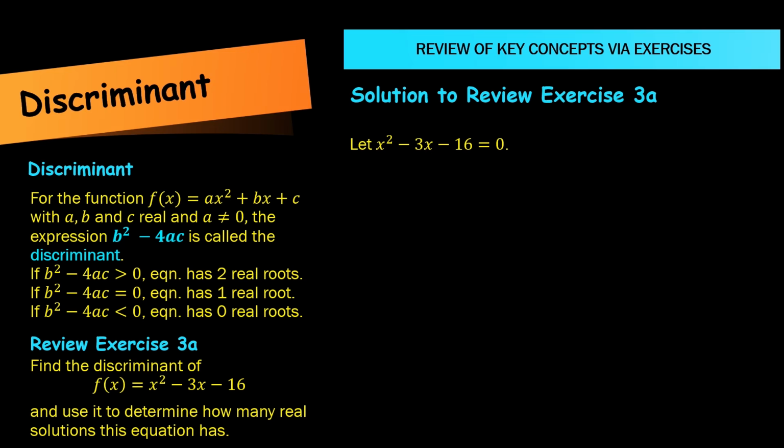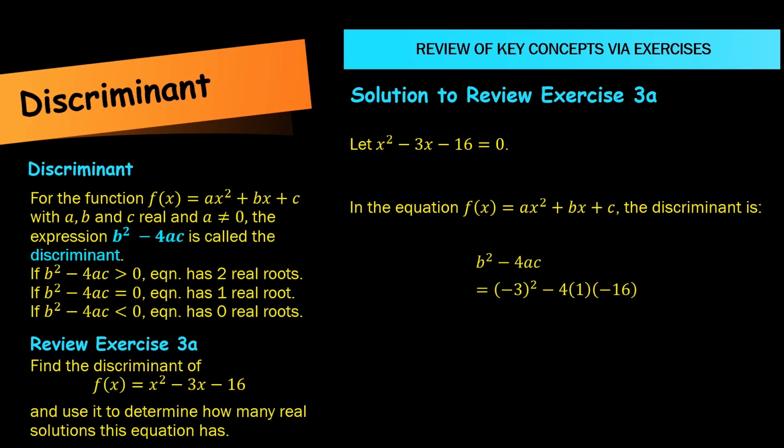In the equation f of x equals ax squared plus bx plus c, the discriminant is b squared minus 4ac, which in our example is (-3) squared minus 4 times 1 times -16, as shown.